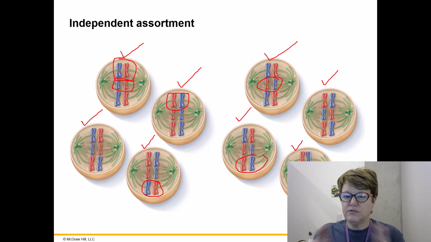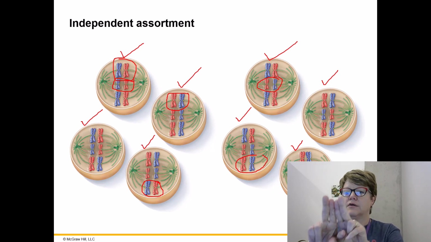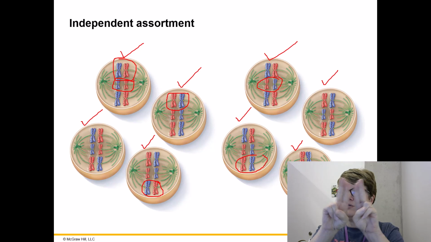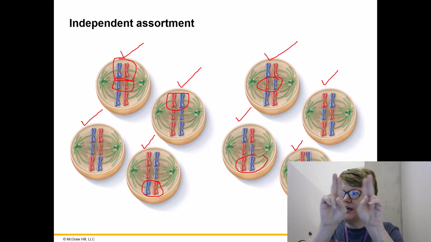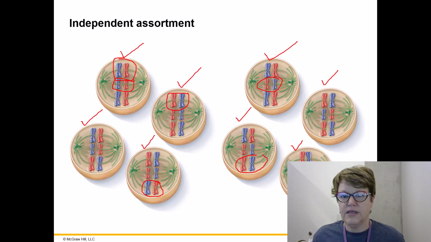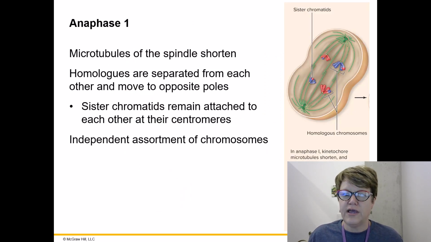Now, the 2 chromosomes of the same type are almost the same, but not identical. The homologous pair, they're not identical to each other. They have little tiny differences between them. And so what you're getting here are different combinations of long, medium, and short chromosomes that are lining up in slightly different ways. And this gives you that little bit of genetic variation as we move forward in the process.